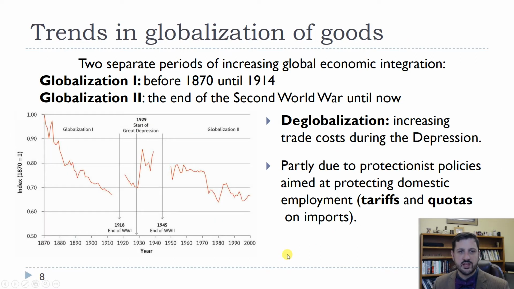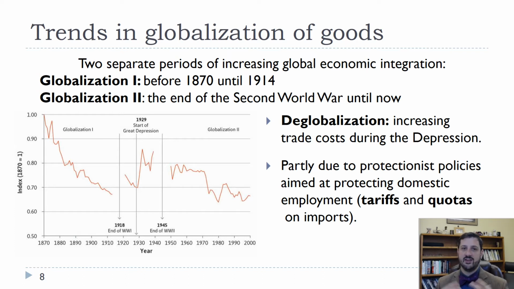And so we can really think of two trends of globalization, as we talked about before. The first one was in the second half of the 19th century up until about 1914 when World War I began. And then the second one was after the end of World War II. The deglobalization happened during the Great Depression, and a lot of that had to do with tariffs and quotas that countries were imposing, saying, well, our economy is doing really badly, so we want to try to protect it.